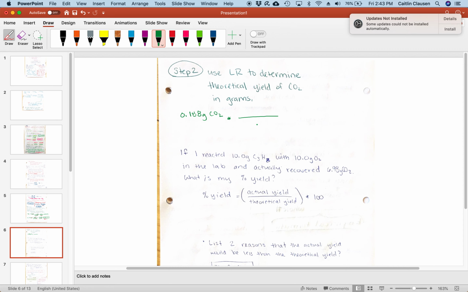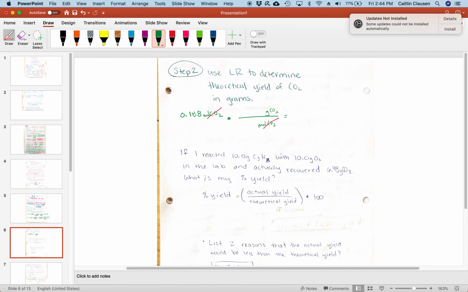The molar mass. So we need moles on the bottom, grams on the top. Moles of CO2 cancels moles of CO2. I'm left with grams, which is what I want.